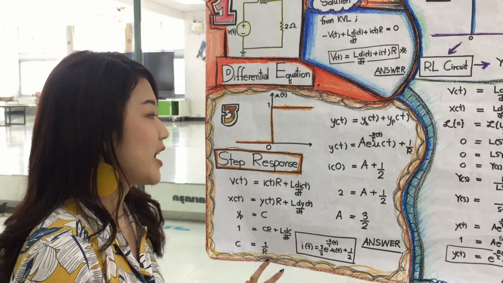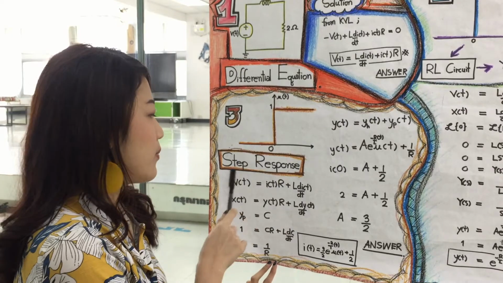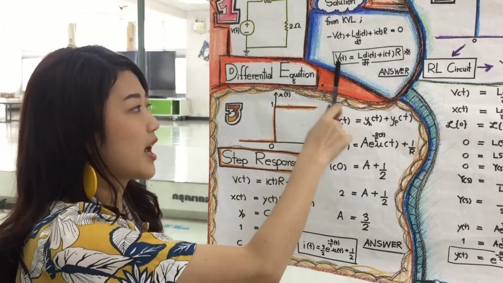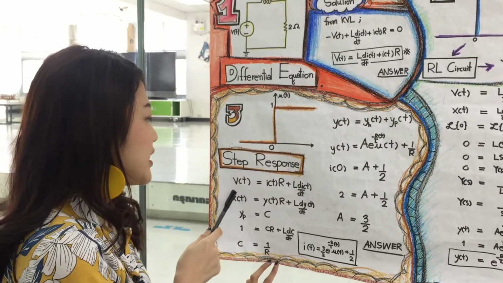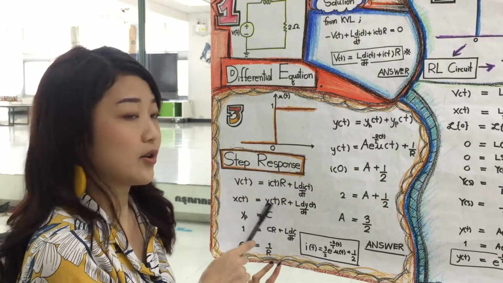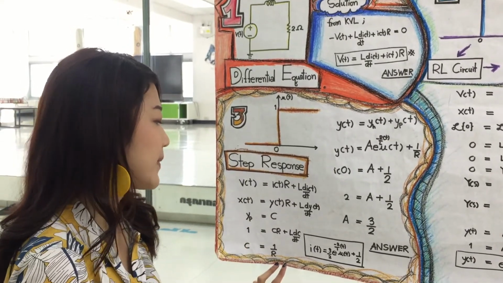And for the last question, it asks about the step response function. In the first step, we got this equation from the differential equation. We realize that Vt equals xt, and it equals yt, because we are familiar with xt and yt.